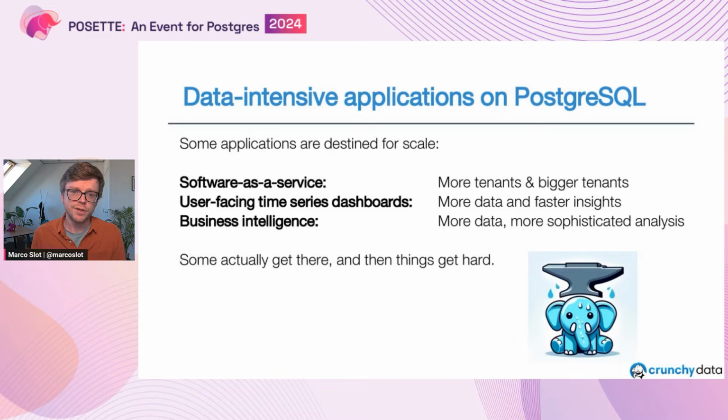For example, software as a service applications, they can quickly add more customers that bring in more data into the system. Time series scenarios, they have this large stream of data and want to do analytics on it. And business intelligence, where we take all the data from the company and try to make data-driven decisions. So some of these applications tend to get to a point where they are data-intensive, where there's a lot of load, a lot of variety, velocity, volume, and then things get hard.